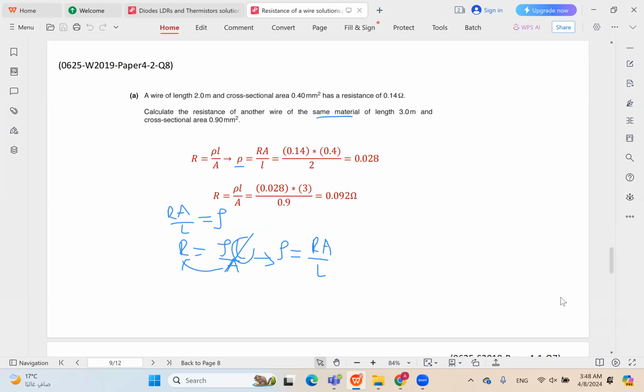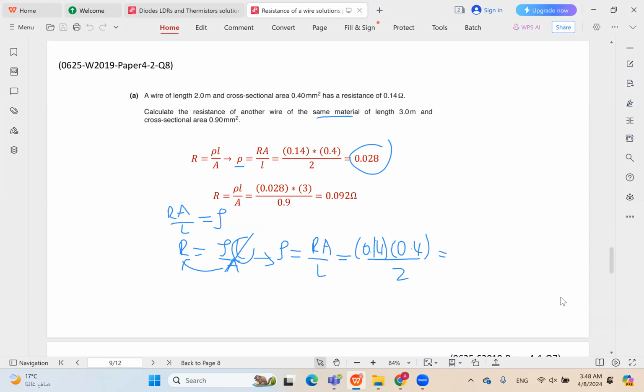So rho equals R times A over L. R is 0.14. A is 0.4, which is the area, and L is 2. Now we have the value of rho. So 0.14 times 0.4 divided by 2 gives us 0.028.